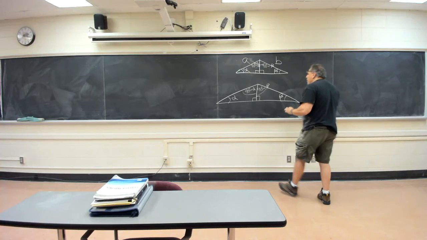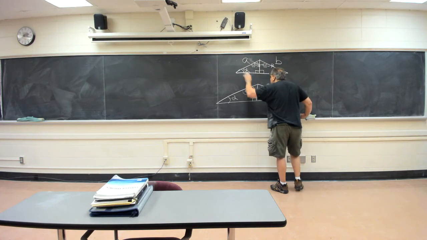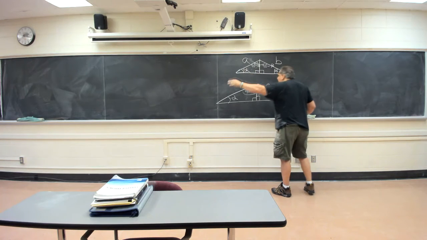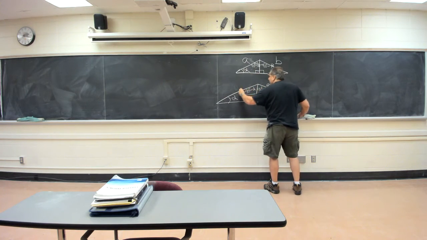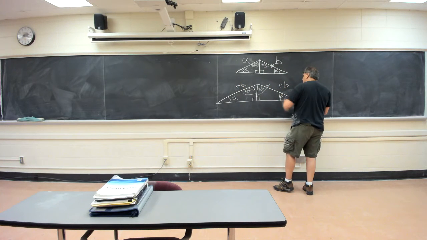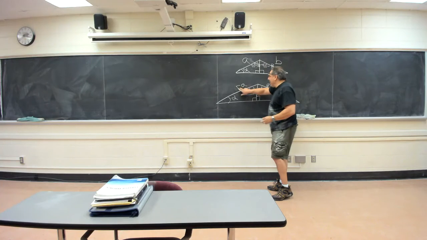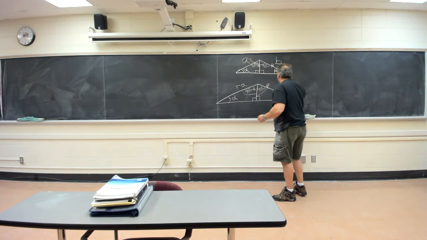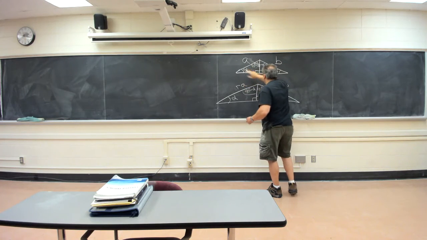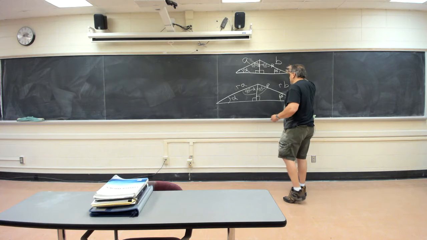We know this and this are similar triangles. This and this are similar triangles. We already know the hypotenuse game. This is R times bigger. This is RA. This is RB. Okay, what does that mean? Well, RA divided by A is R. RB divided by B is R.